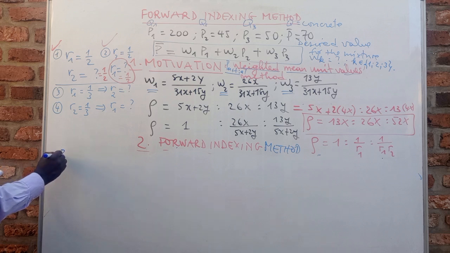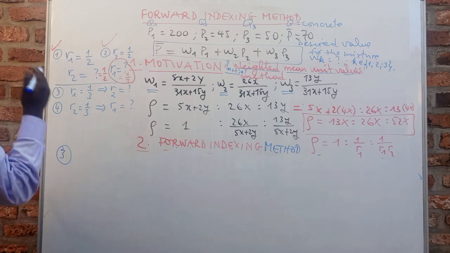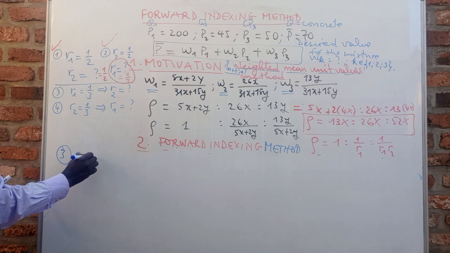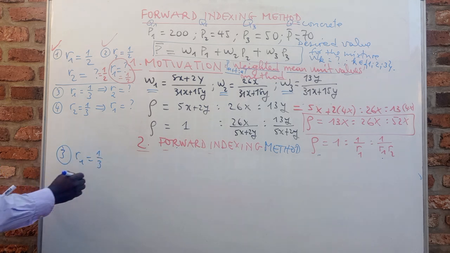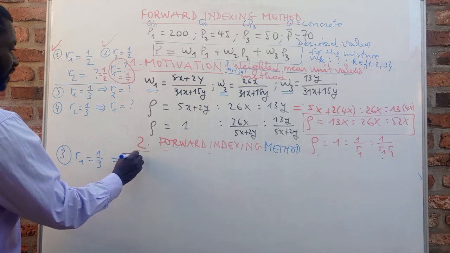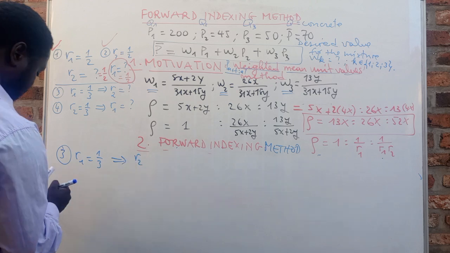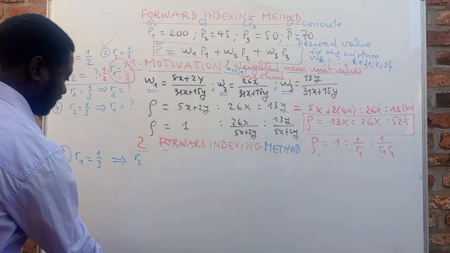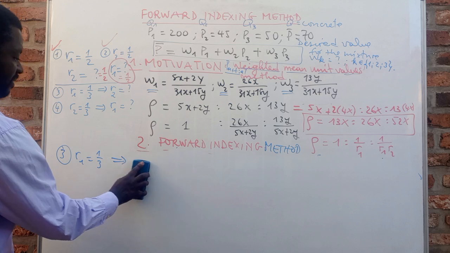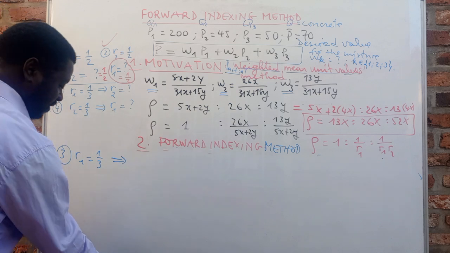Number 3 here, we have: if R1 is equal to 1 over 3, what will be R2? Okay, so this is the question we are solving.